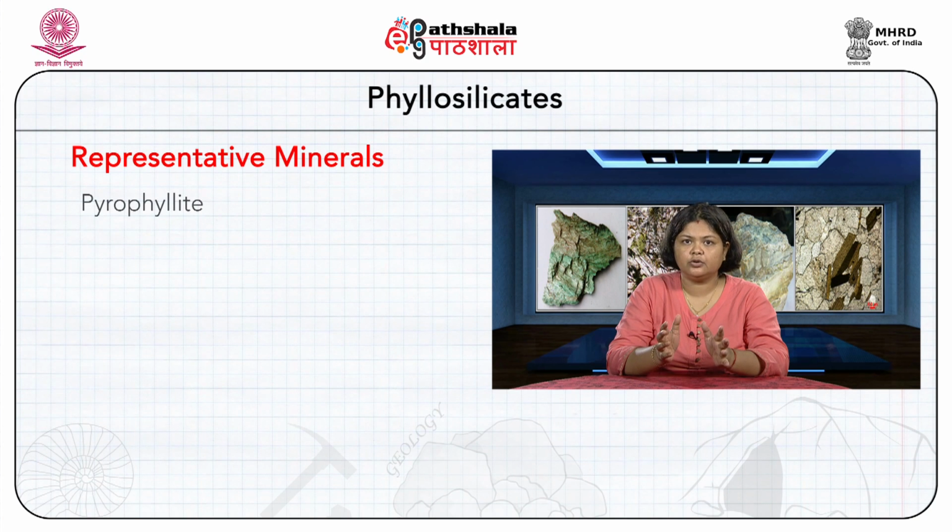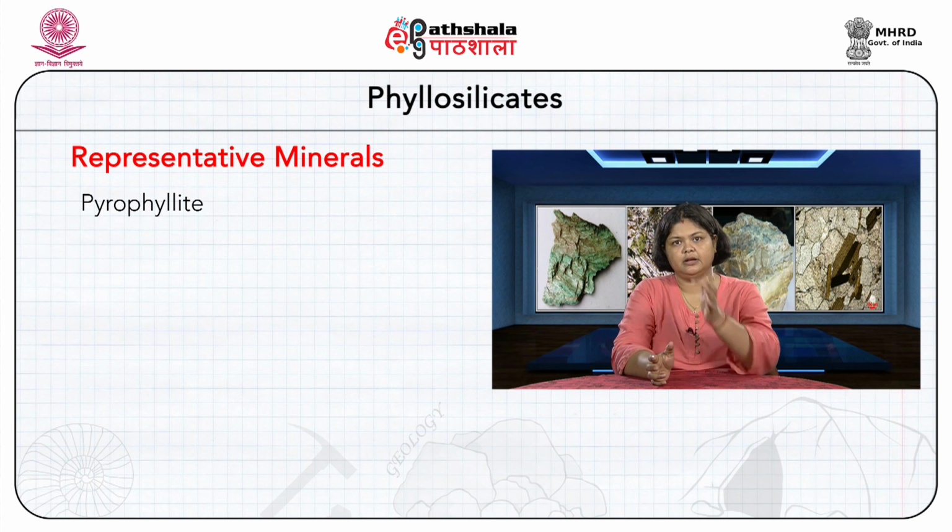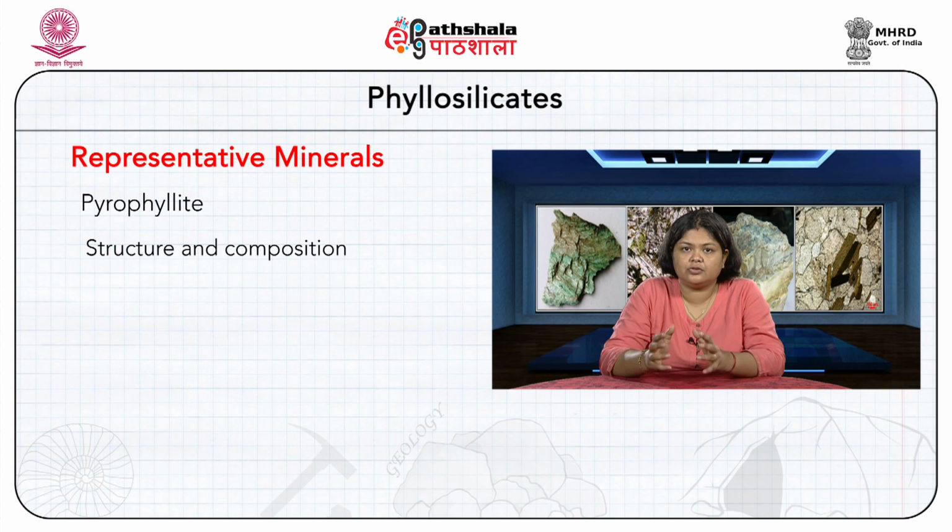Moving on to another group of phyllosilicate, that is the pyrophyllite. We will first discuss the structure and composition. It is a dioctahedral layer silicate and consists of two TOT layers in monoclinic unit cell and one layer TOT in the triclinic polytype.